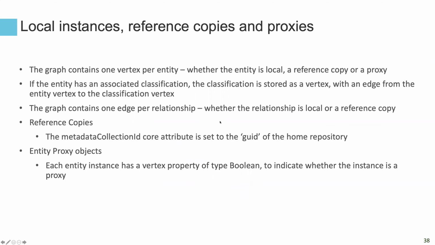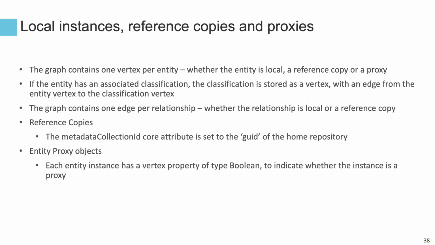I think this slide really just summarizes what I just said. The only differences are about reference copies and entity proxies. If something is a reference copy, then its metadata collection ID, which is a property of the vertex, or of the edge, will be set to the GUID, the metadata collection ID, of the home repository, not necessarily the graph repository in which it's been stored.